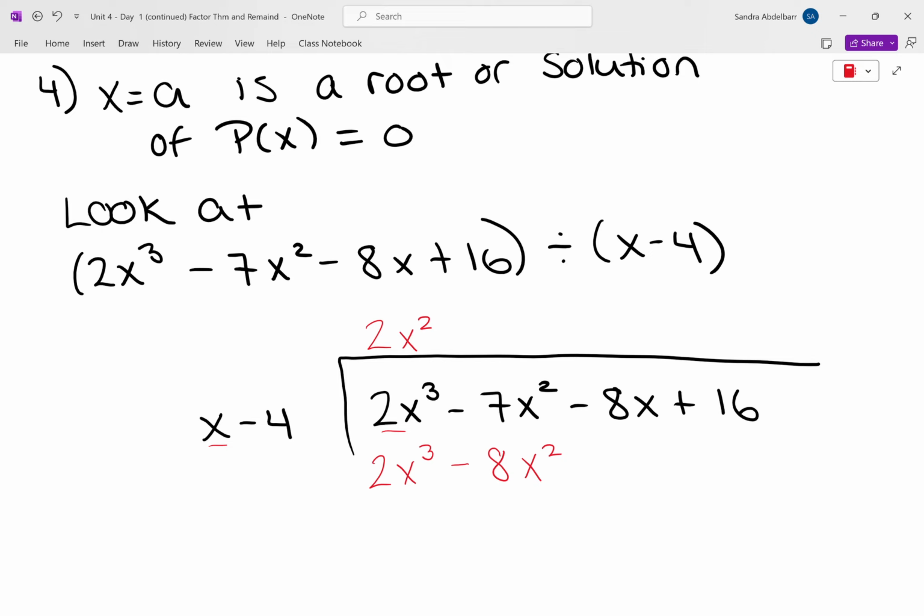But now, remember, at this point in division, don't I have to subtract? Because we're subtracting a binomial, every sign has to be made the opposite. So the 2x cubes cancel, and we're left with x squared, and now we bring everything else down: minus 8x plus 16.